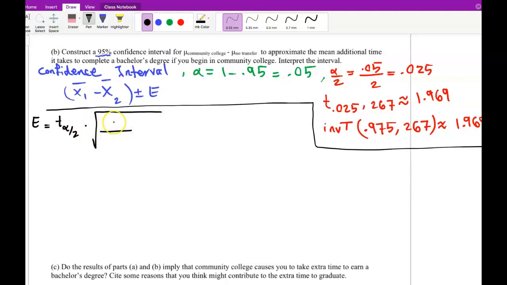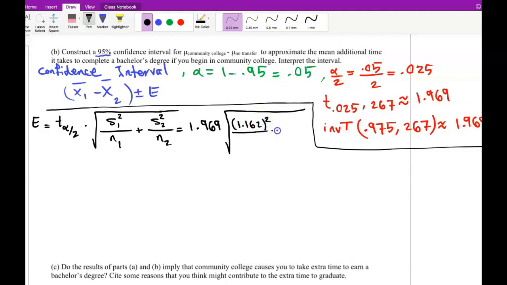Okay, now finding margin of error. So T times square root of, okay, that is equal to 1.969 times our sample standard deviation 1.162, and here we have 1.015, sample size 268, 1145.